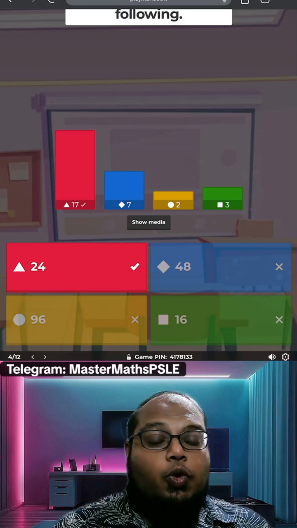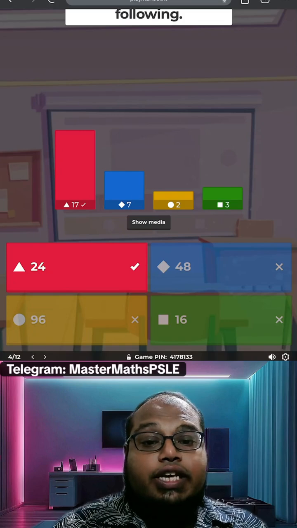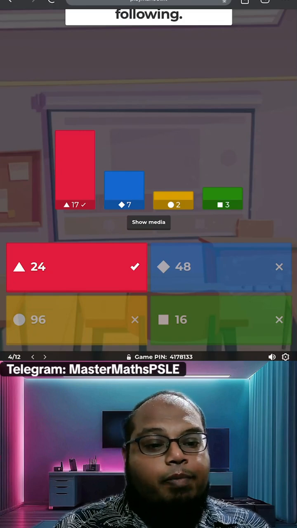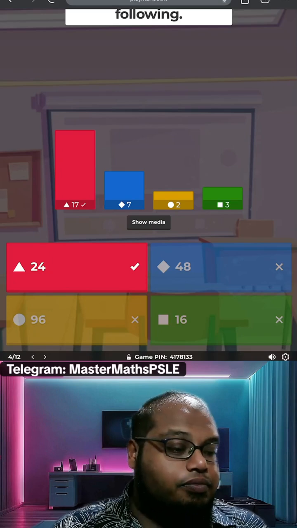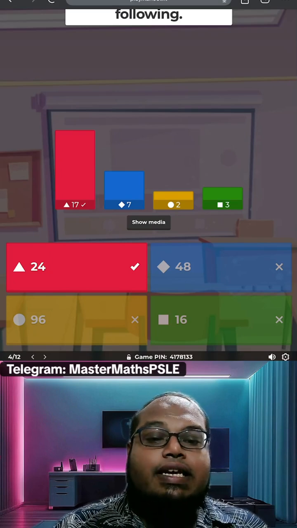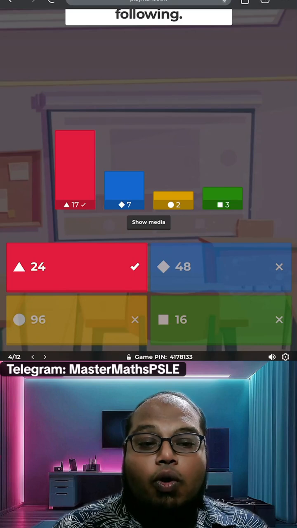Because when you do the grouping of equal tricycle to bicycle, you will be getting 16. But then you need to plus 8. 16 plus 8 become 24.